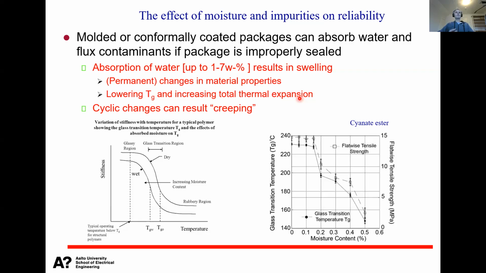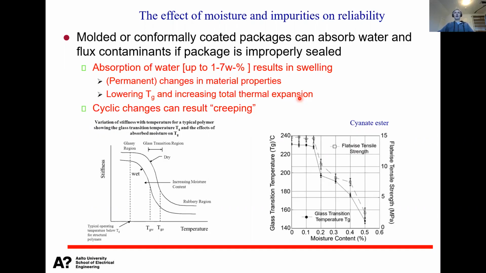So basically, the main effect is coming from the mechanical strength. One can say that when moisture is absorbed, the materials lose their mechanical strength. And mechanical strength, of course, also affects the bond strength, which in turn means that the coefficient of thermal expansion also increases.